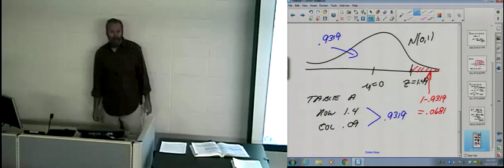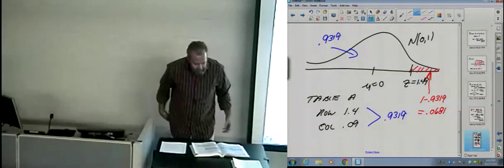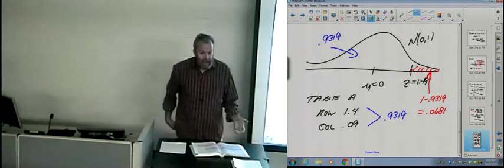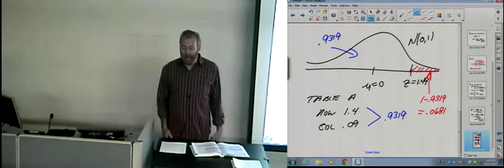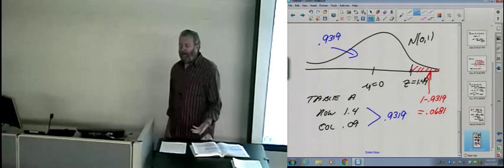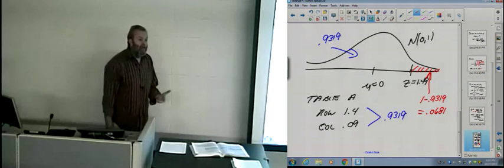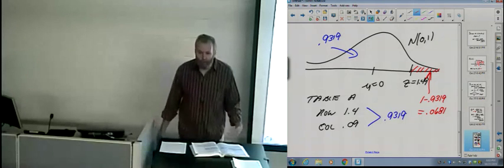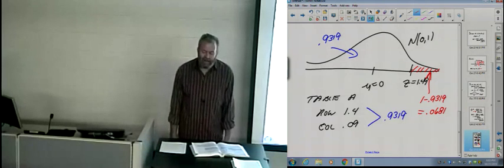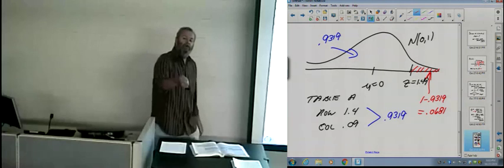Okay, if I was in Chapter 3, I would be telling you that the proportion of MCAT scores that are greater than or equal to 35 is 0.0681. Or I would be telling you that the percentage of MCAT scores that are 35 or higher is 6.8%. But I'm not in Chapter 3. I'm in Chapter 12 here, and what happened was you chose one student at random.